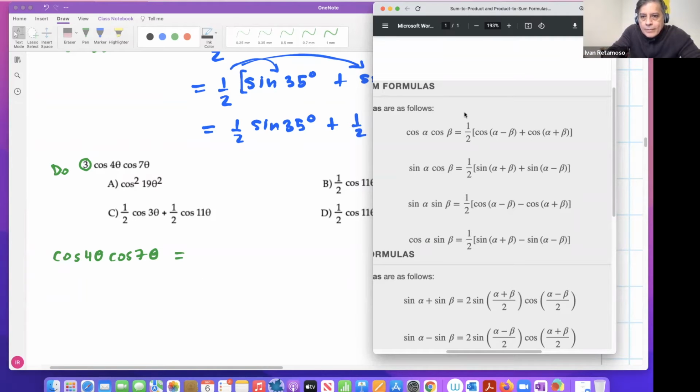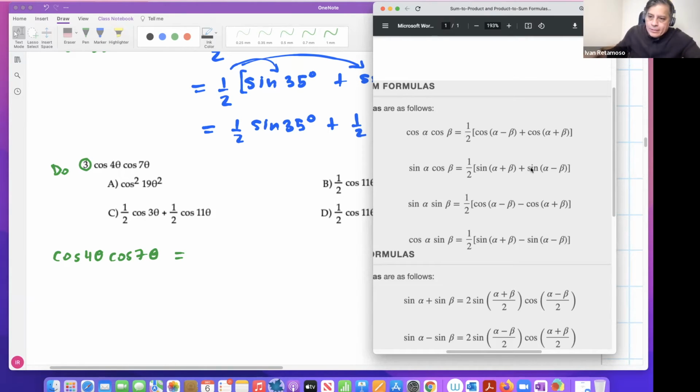Yeah, try guys, and then we will move on. You can see it's not that difficult. It's just a matter of having these formulas handy, right? And then applying them accordingly.